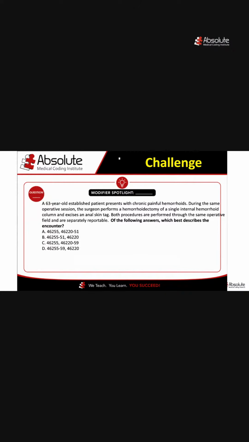A 63-year-old established patient presents with chronic painful hemorrhoids. During the same operative session, the surgeon performs a hemorrhoidectomy of a single internal hemorrhoid column and excises an anal skin tag. Both procedures are performed through the same operative field and are separately reportable.